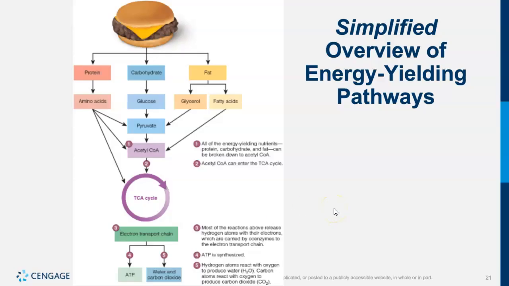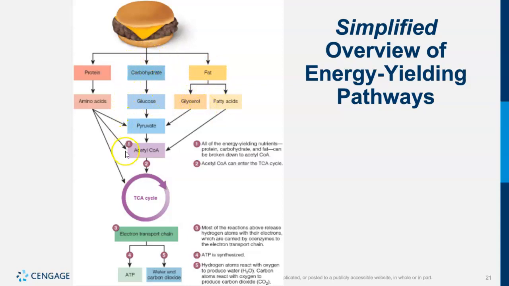So this picture is directly from your textbook, and it is an extremely simplified overview of the energy yielding pathways. In a hamburger, we have protein, carbohydrates, and fat. Proteins get broken down into amino acids, carbohydrates into glucose, and fat into glycerol and fatty acids.